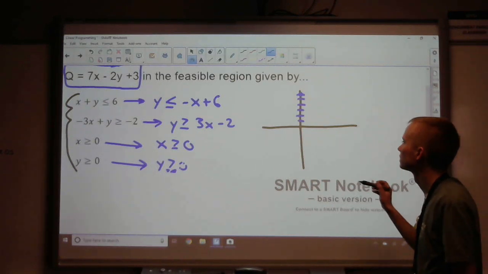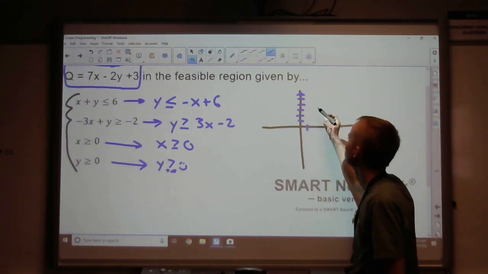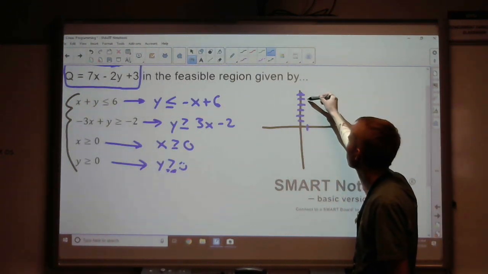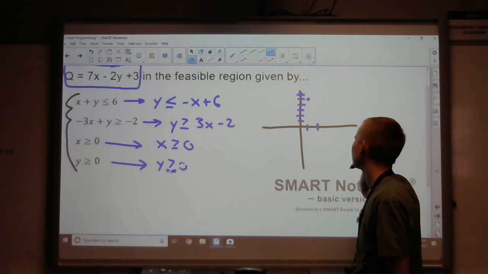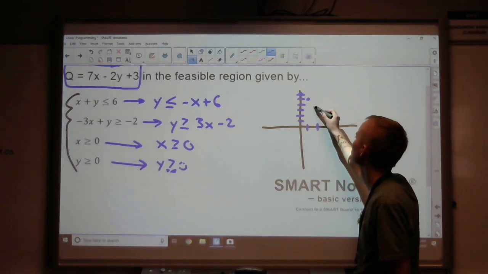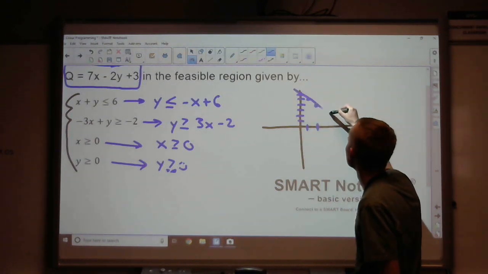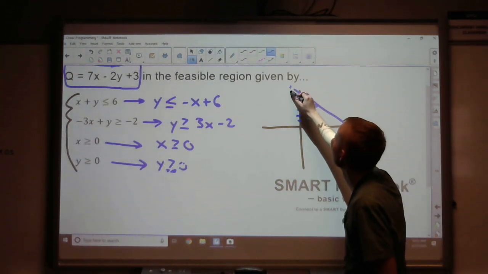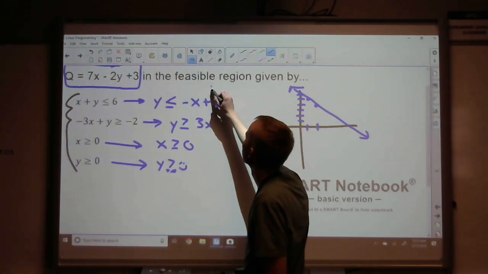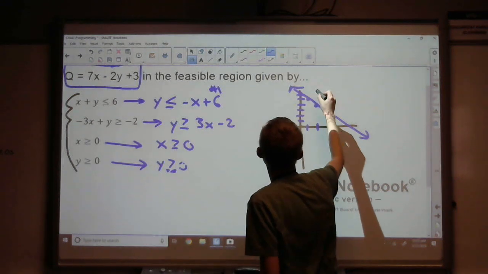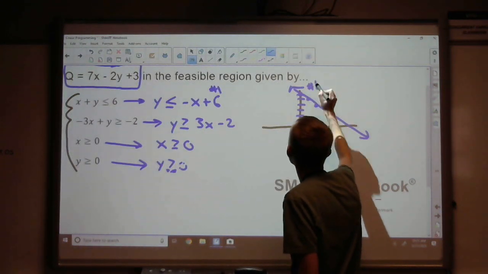And then we've got a slope of negative 1. So when we go down 1, we go over 1. That's going to be what our line looks like. Maybe call that number 1.